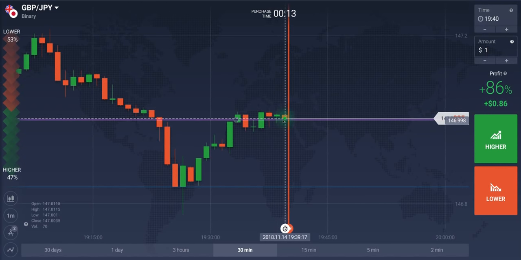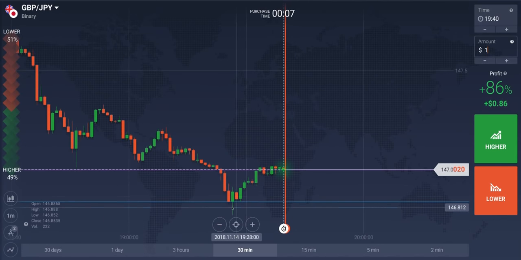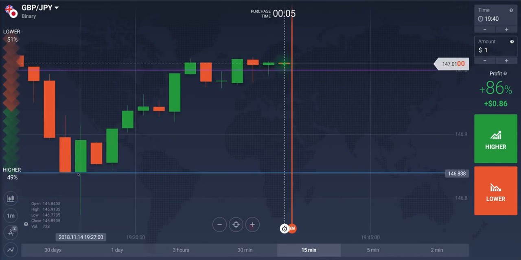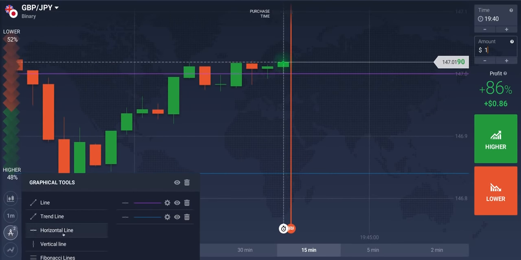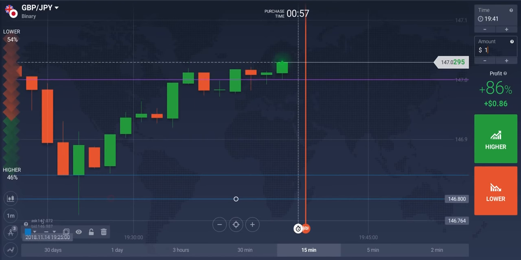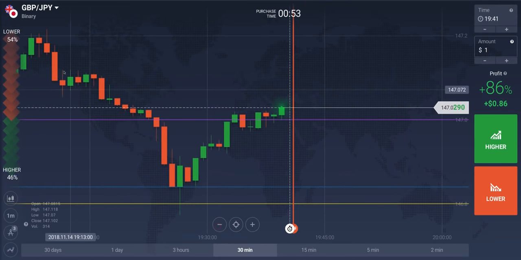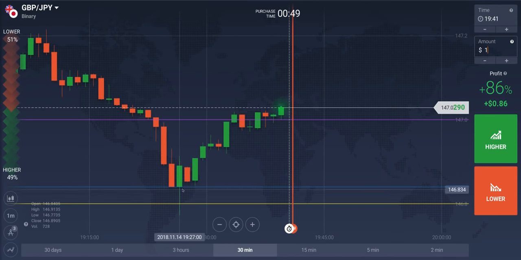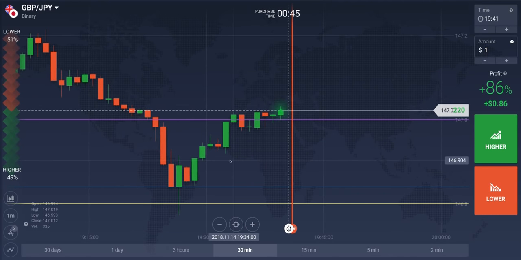You can see the market is currently playing around this area, and we have this body reversal level here, which was able to change the direction of the market from a downtrend. So you can see the market going down till this point, and then you have a change in direction.